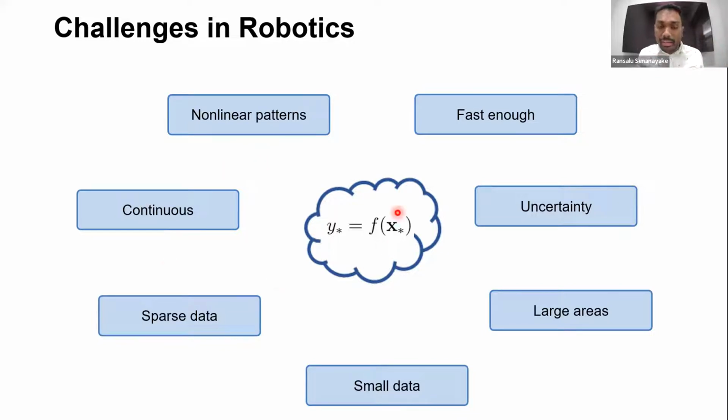So we can have a function F, which can be a neural network, and our data is sparse, especially if you are using LiDAR or radar. Radar data is very sparse. We have few data points here and there. And if you want to build a representation, we have very few data points.